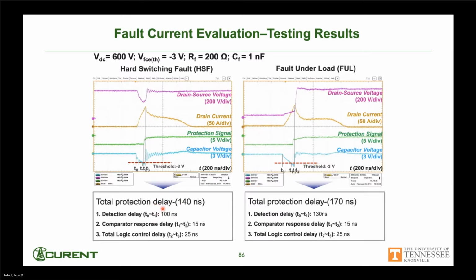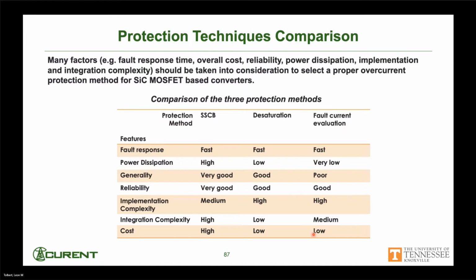And the total delay time for these two are well under the 300 nanoseconds and actually less than 200 nanoseconds, about 140 nanoseconds and 170 nanoseconds here. So in this protection technique comparison, very fast for all of them. You could see all of them were less than 300 nanoseconds.